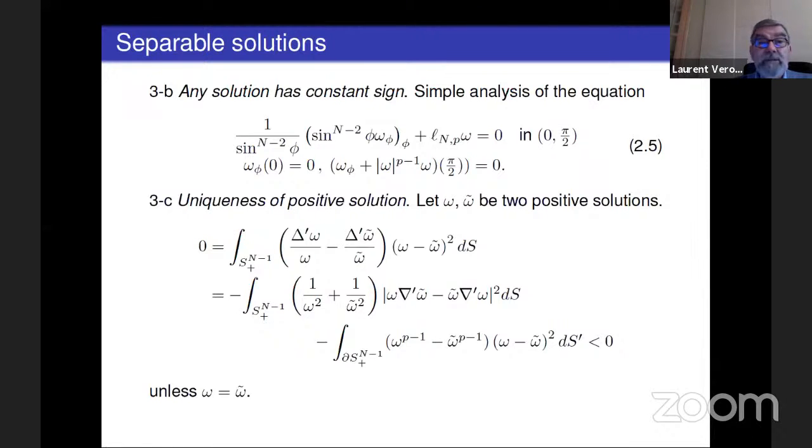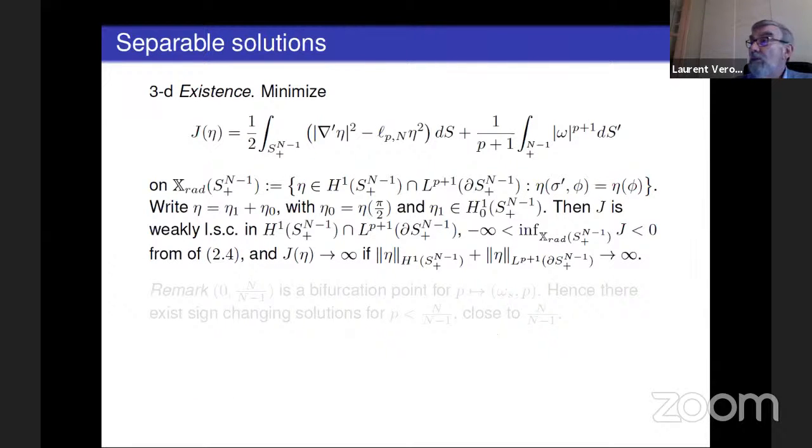Now the question is about existence, but existence is not difficult because it's a one-dimensional problem. I just minimize among one-dimensional functions. It should be here. The last term should be not omega, but eta.